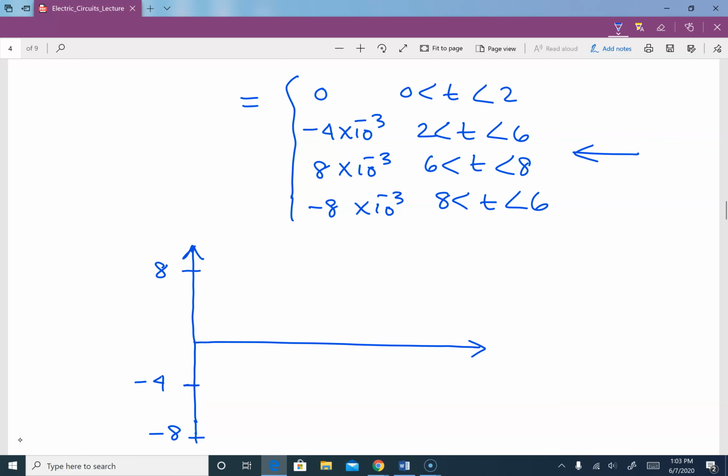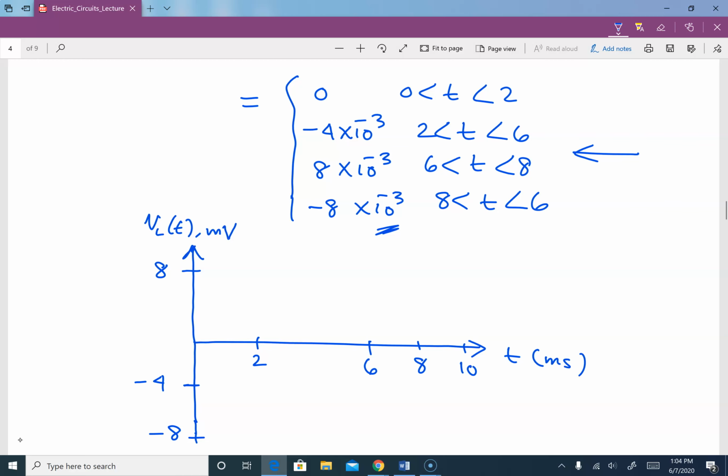And this over here is our voltage, and let's say that this is in millivolts, since we have 10 to negative 3. So we will have this as 2, over here 6, 8, and 10, and that is time in milliseconds.